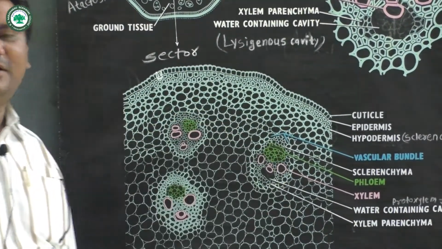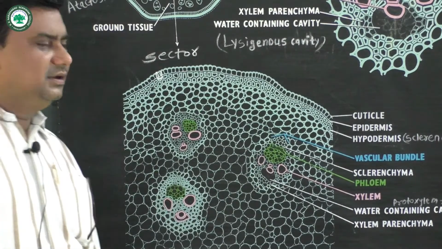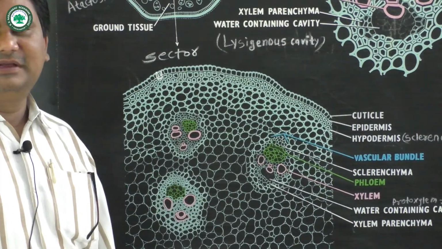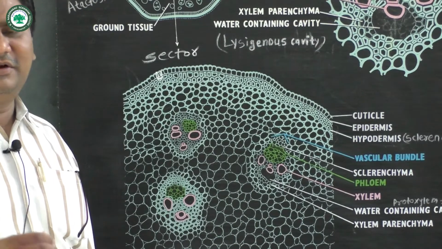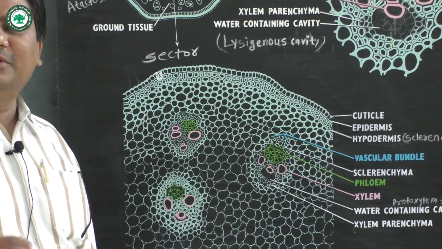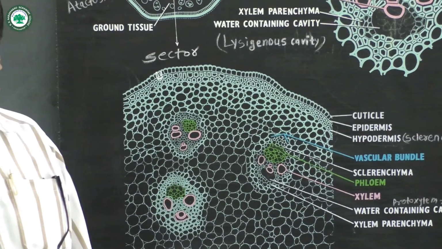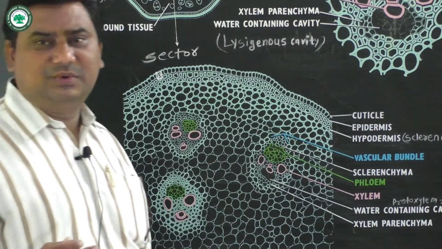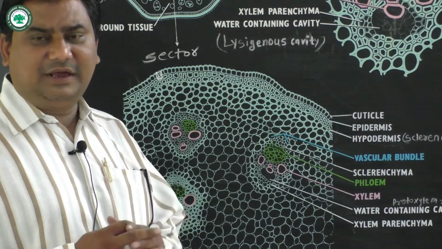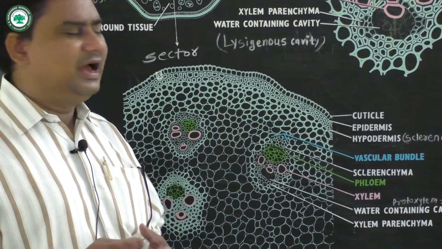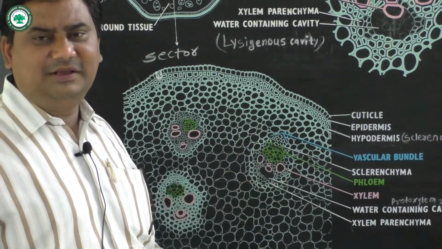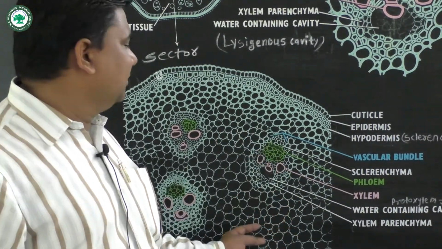In case of dicot, you might have seen that there is the endodermis followed by the pericycle, and then the vascular bundles. But here there is an absence of the endodermis and pericycle.